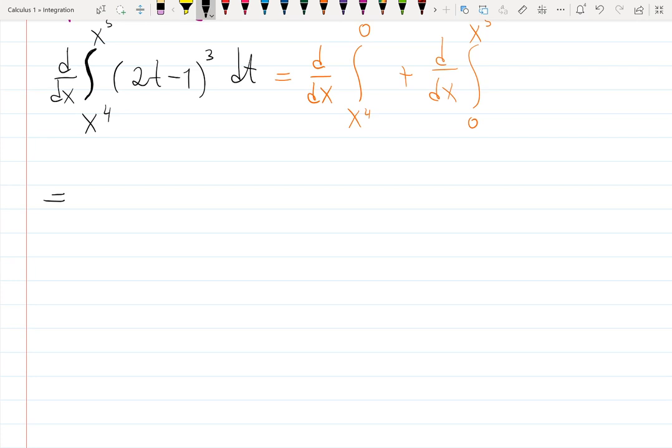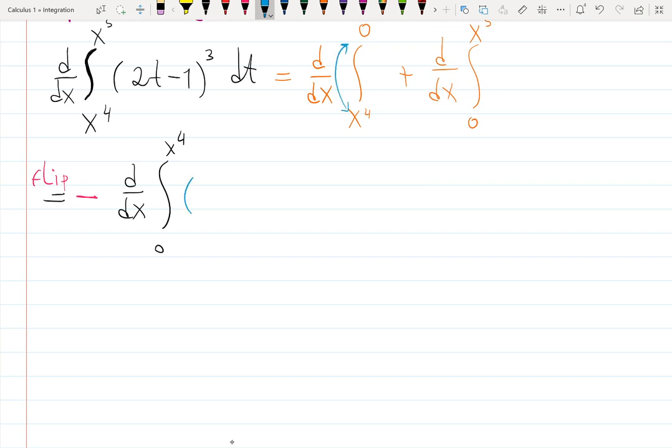So the first integral, I will flip it and I'll write down that I'm flipping the first one. Now it will be the derivative of the integral from 0 to x to the 4. I flipped it, you see? I flipped these guys by putting a negative sign.